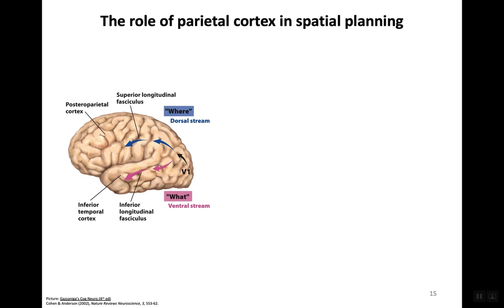And one thing that might come to mind is the segregation of visual pathways into a major division. You might remember that there is a ventral stream which is responsible for processing the identity and the category of objects. It facilitates visual object recognition, and there is also a dorsal pathway which is responsible for visually guided action.